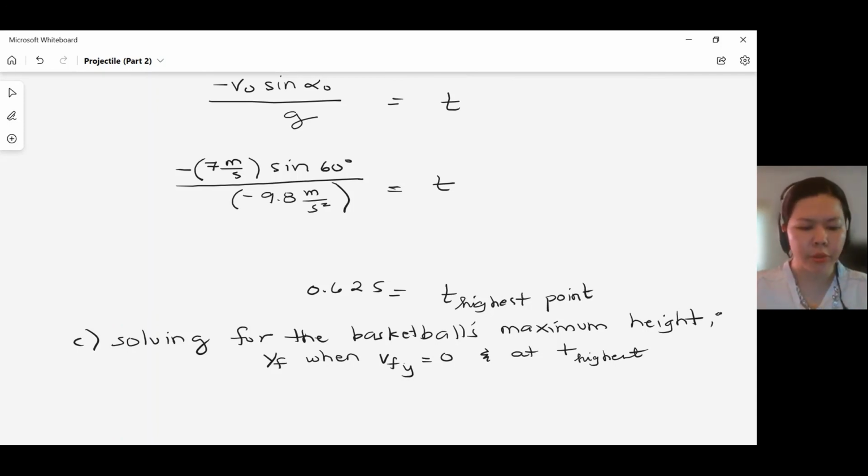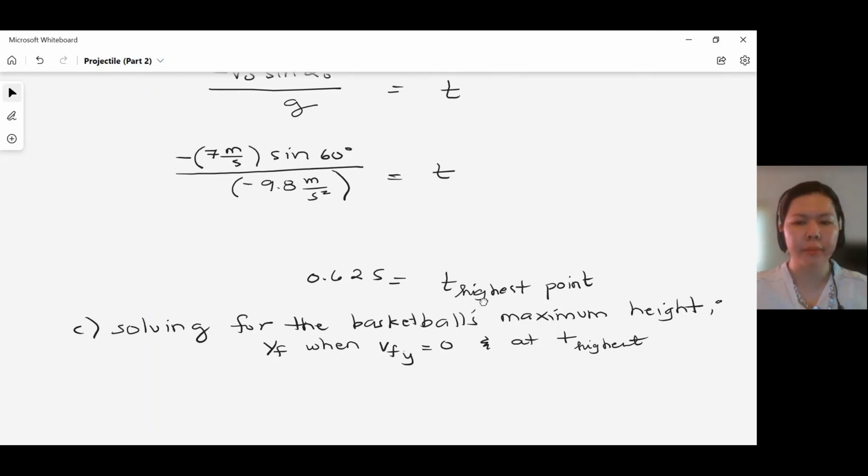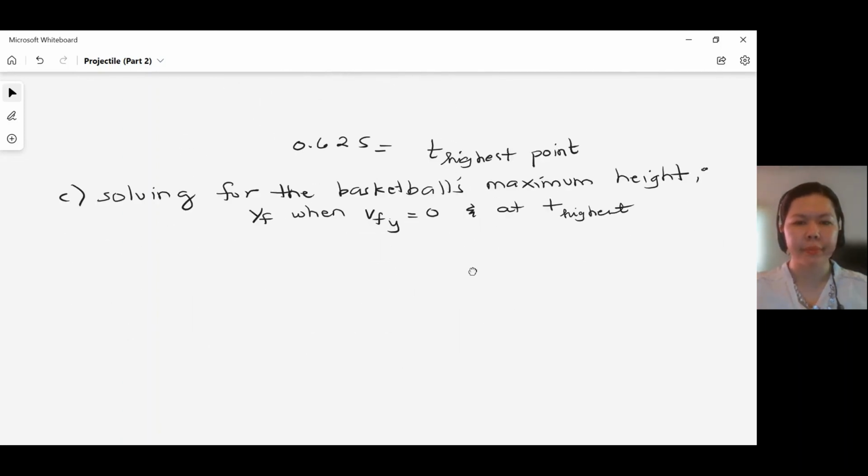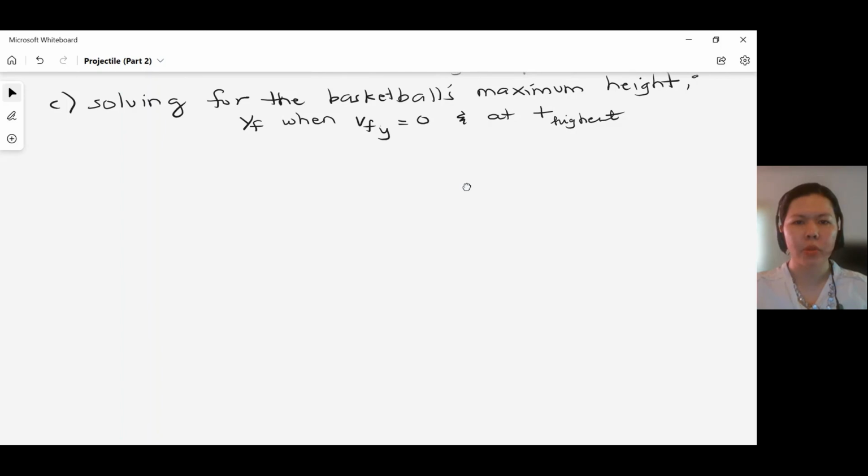All right, so using equation 3.7 to solve for this maximum height.